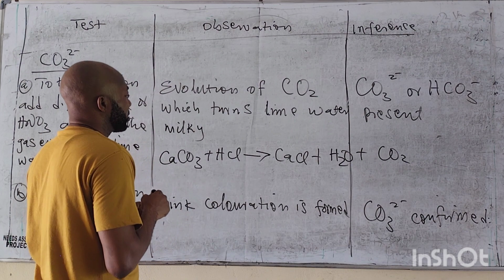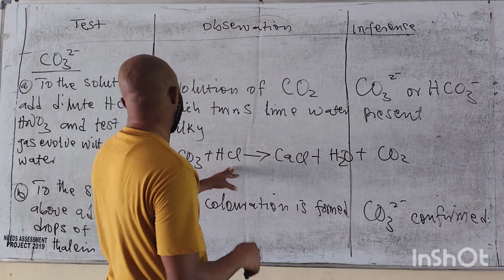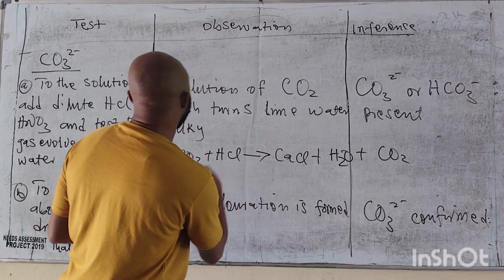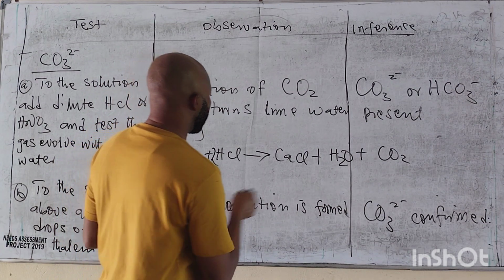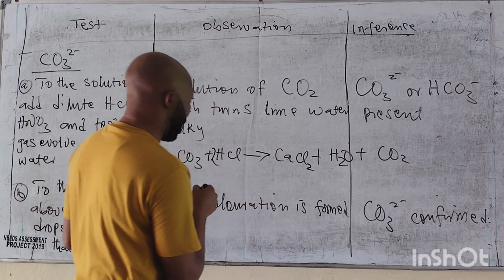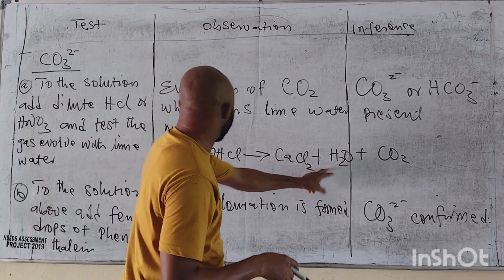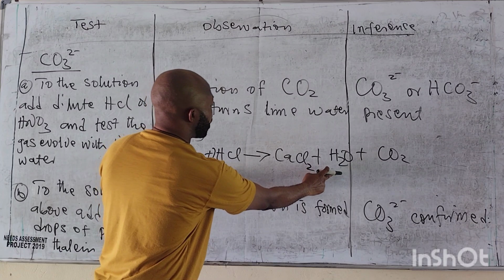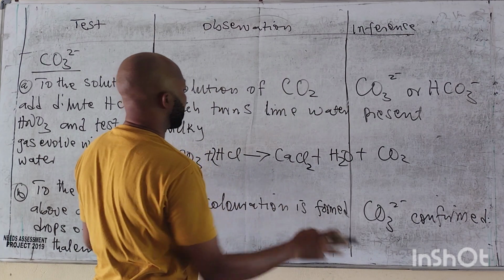If you balance it, we have one calcium, and chlorine 1. We have 2 hydrogen here, 2 hydrogen there, so I put 2 here. Chlorine is now 2. I have CO2, I have H2O. Oxygen, 1 plus 2, 3, calcium is 1. I think we are good.